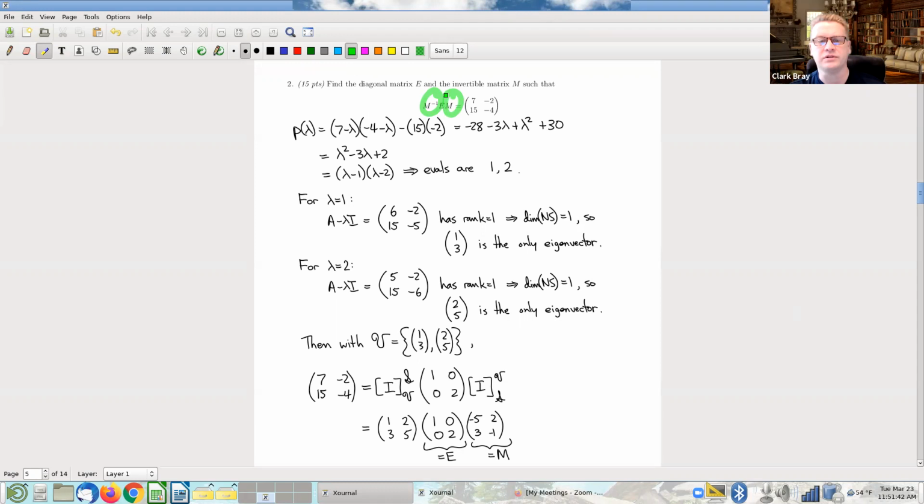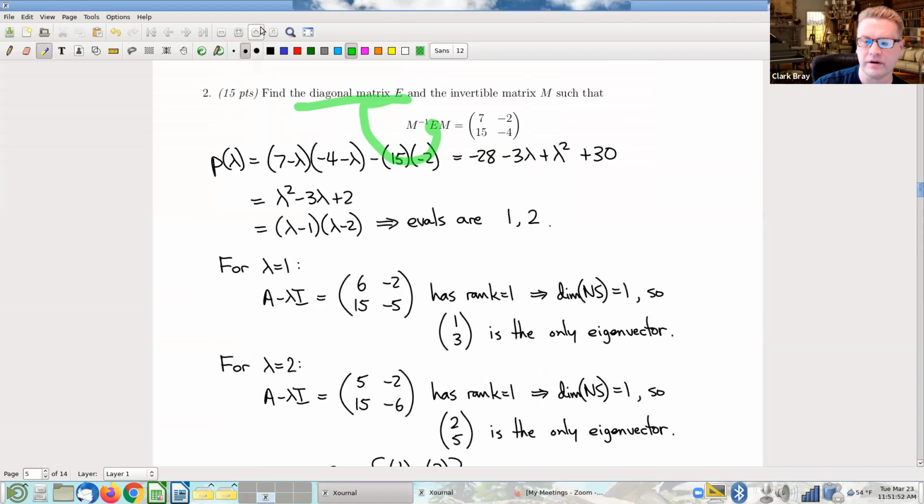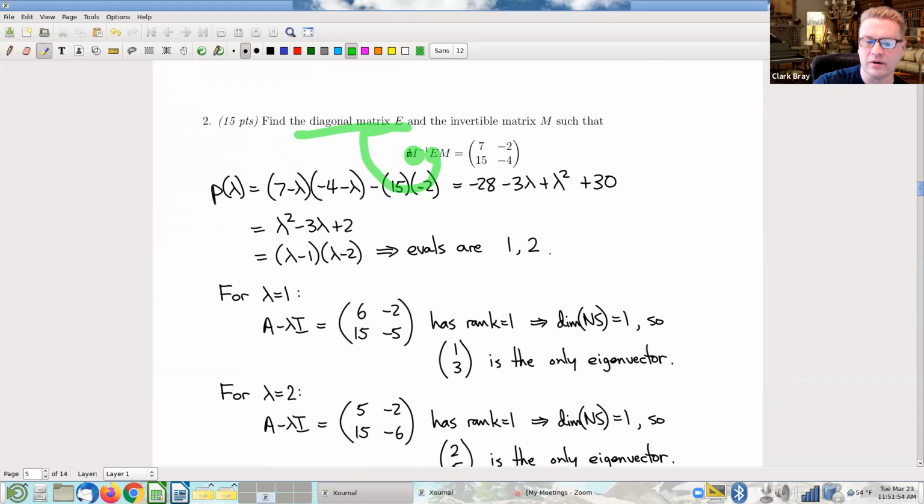In a real world application, when you want to find a matrix that is conjugate in some way to the original matrix, this way might be dictated by the context. The context is what's going to tell you whether you need M to be on the right or on the left.